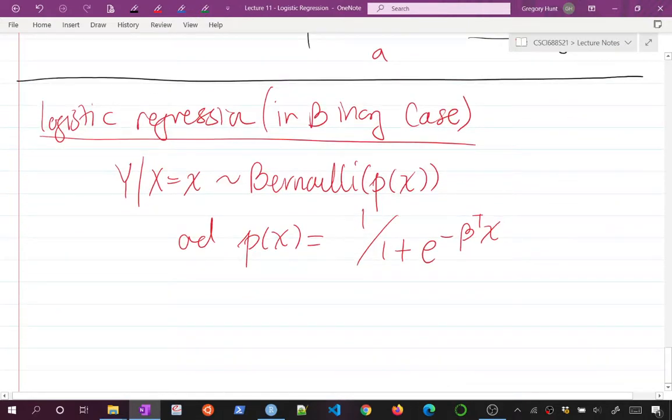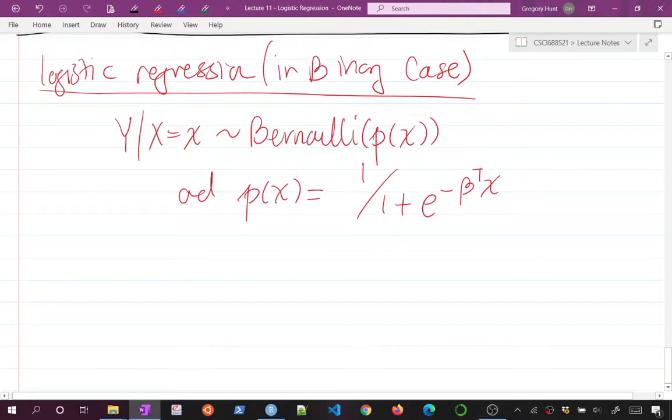And it's just an S-shaped curve. So we're directly modeling this thing. Okay, so that's the model.